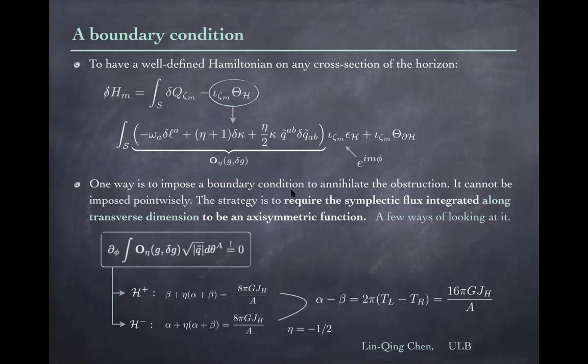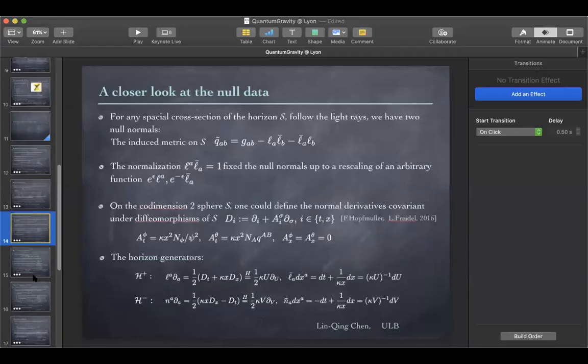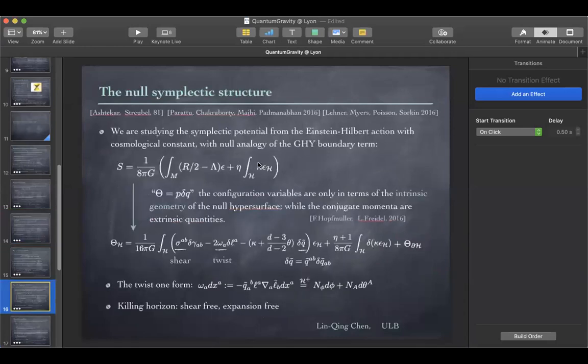So what is eta in here? It's a coefficient. Here I should emphasize more. On the action I'm looking at, for the boundary term, I add a free parameter, eta.